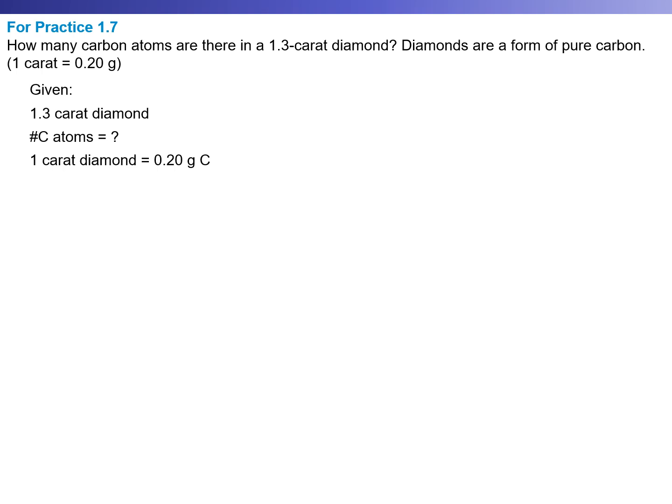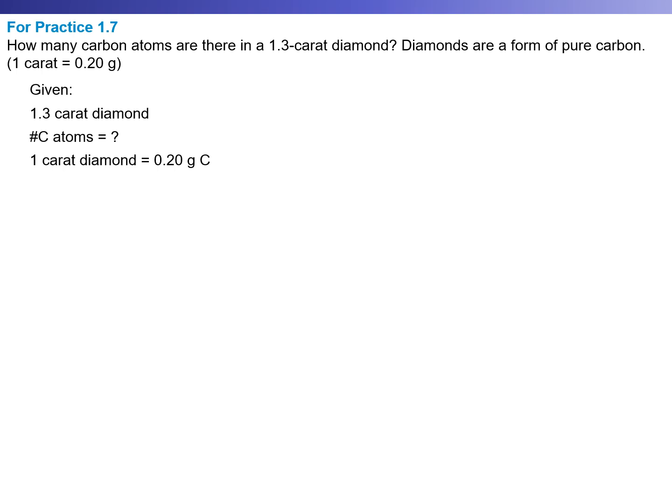Instead, what you're doing is you're putting the units you want to eliminate on the bottom. So when you have multiple conversion factors, you're going to back into your answer. You're going to look for the units you want to eliminate and make sure that those units are in the denominator of your conversion factor.